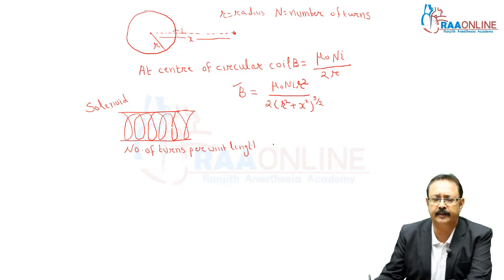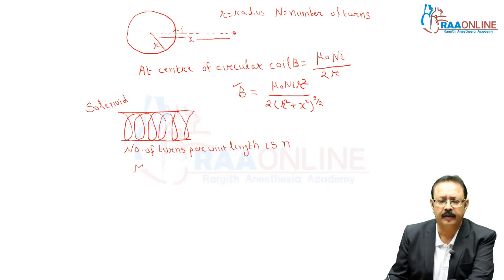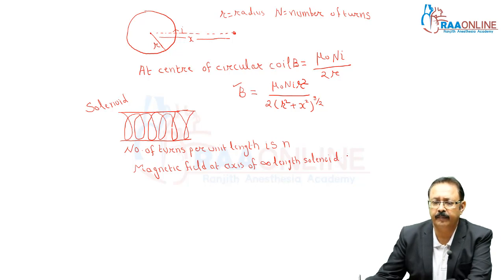If number of turns per unit length is small n, then magnetic field at axis of infinite length solenoid, B is equals to mu naught Ni.